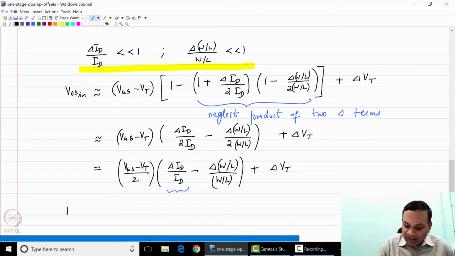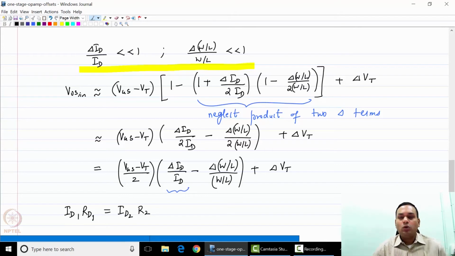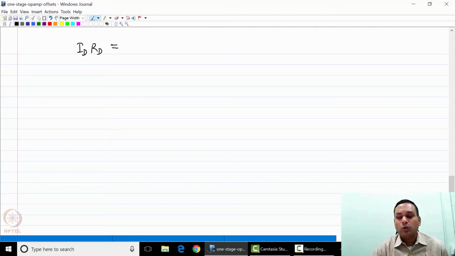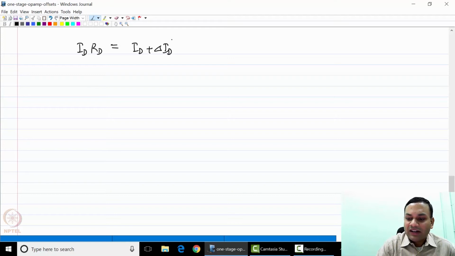So I would like to remind you that we derived previously that ID1 R1 should be equal to ID2 R2 by definition, because the output offset voltage should be 0. So this means that ID RD should be equal to ID plus delta ID into RD plus delta RD.